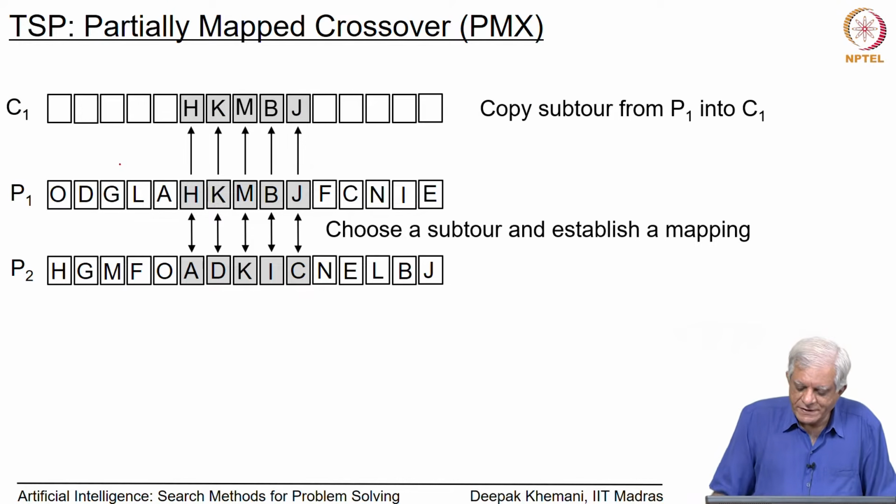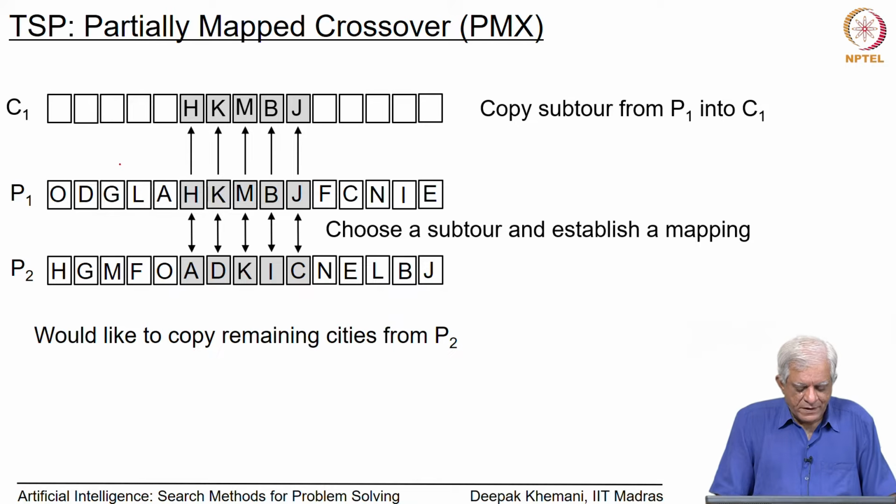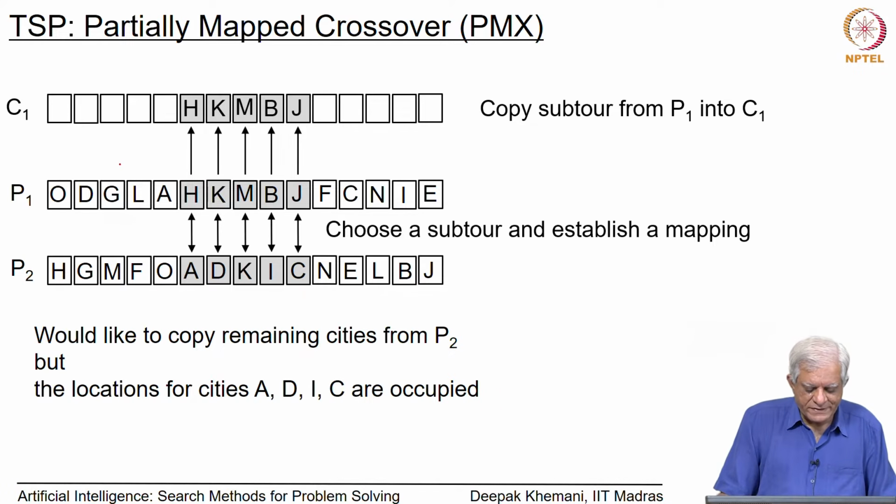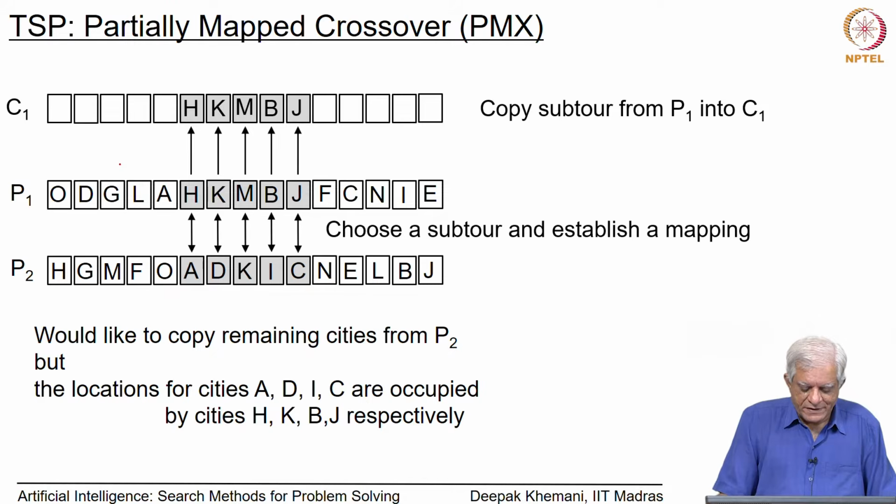We first copy the subtour from parent 1 into child 1, and then we have to worry about where to copy the rest of the cities essentially. We would like to copy the remaining cities from parent 2, but there is a little bit of a problem here. Since in parent 2 we have these cities A D K I C in the corresponding subtour, their positions are already occupied by these cities from parent 1.